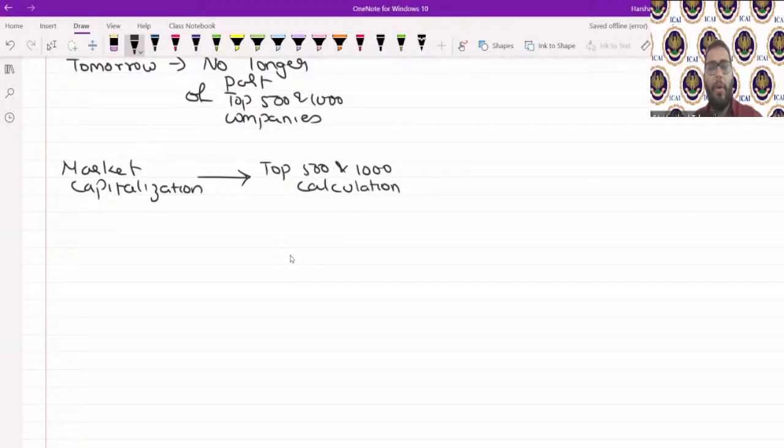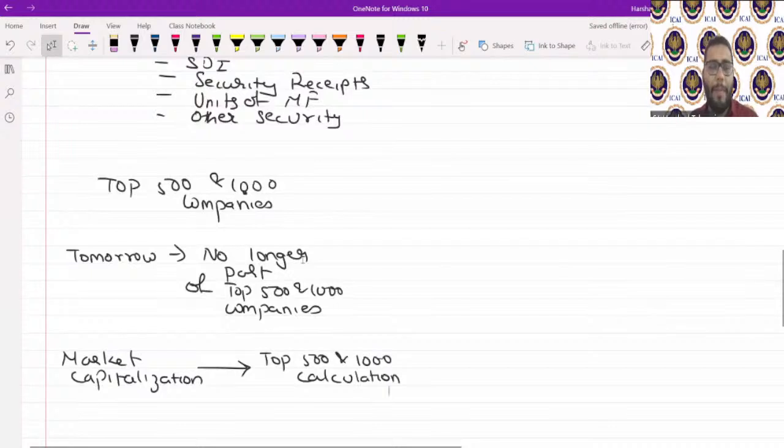So I calculate, based on market capitalization, what is top 500 and 1,000 entities. So today, if I'm part of top 500 and 1,000 entities, and tomorrow, if I'm no longer part of that, still these regulations will be applicable.